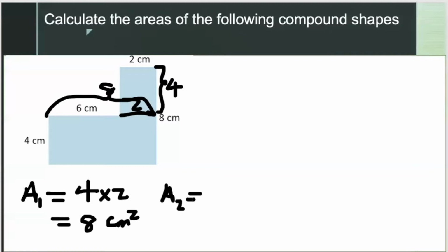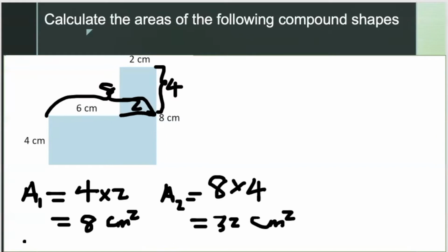So area 2 is width times length. So this is 8. So I'll have 8 times 4. 4 eights, 32. And I have centimeters square. The entire area of this will be adding 8 plus 32, and that would be 40 centimeters square.